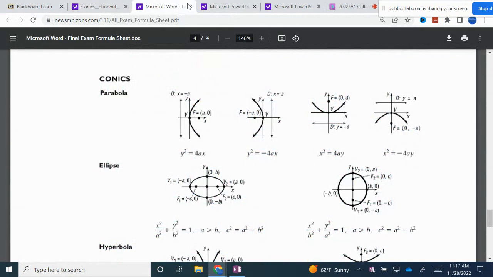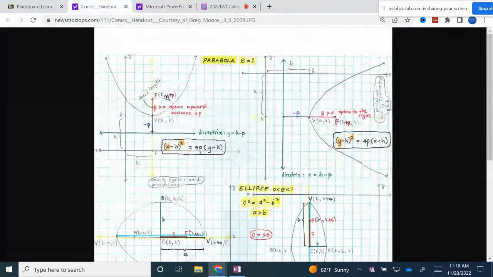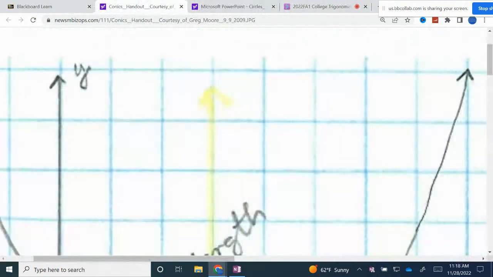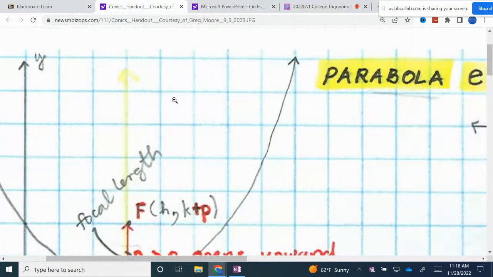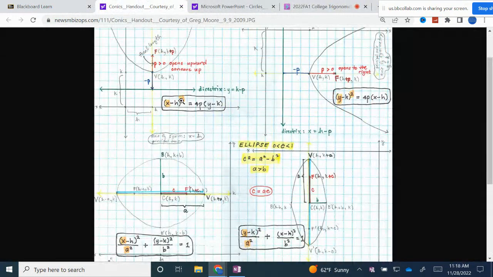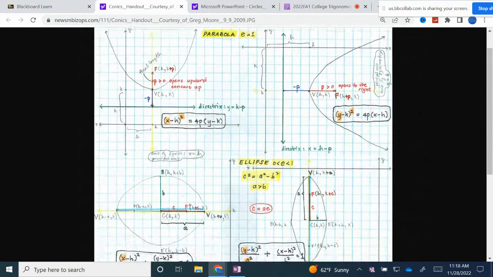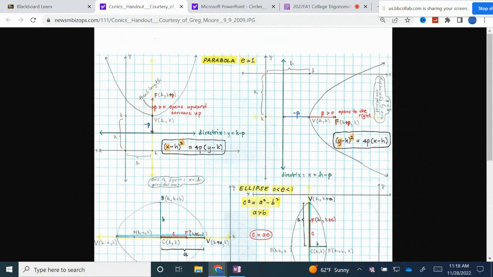And what we have here are the formulas for the conics that are not centered at the origin. All right, so let's take a look at this particular formula sheet.